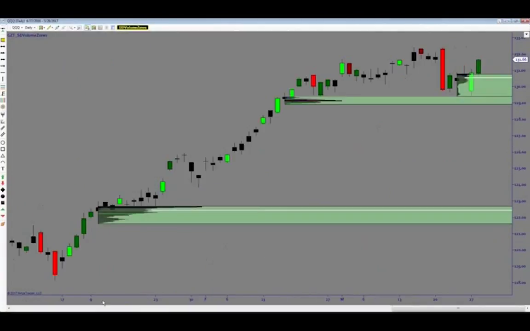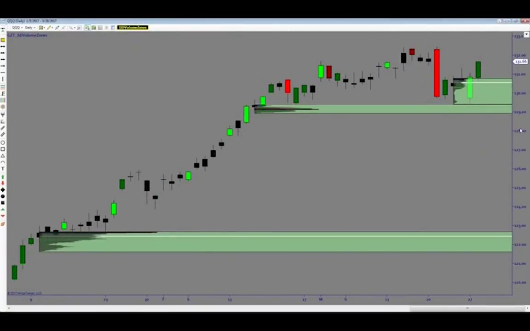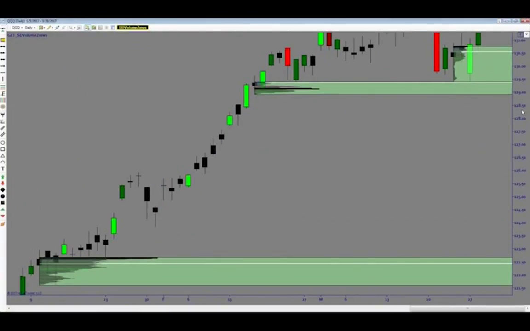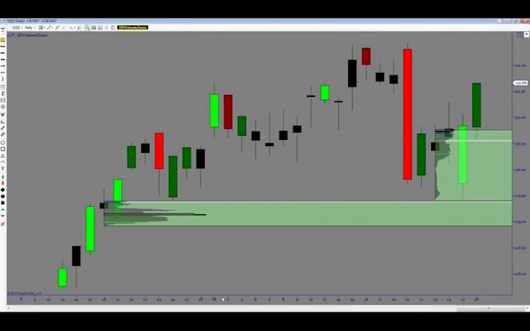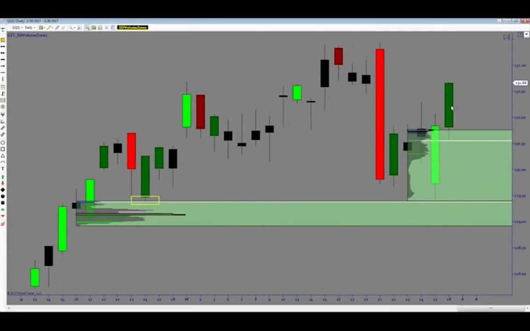This is the daily chart of the QQQs. Let me show you this real quick. If you're an investor, if you're a swing trader, it doesn't get more specific than that. Today's candle, by the way, guys, the market opened here.